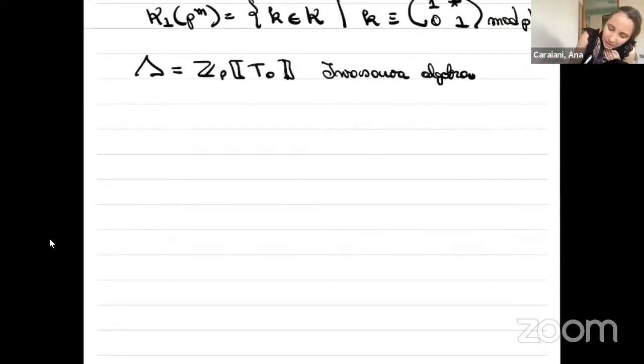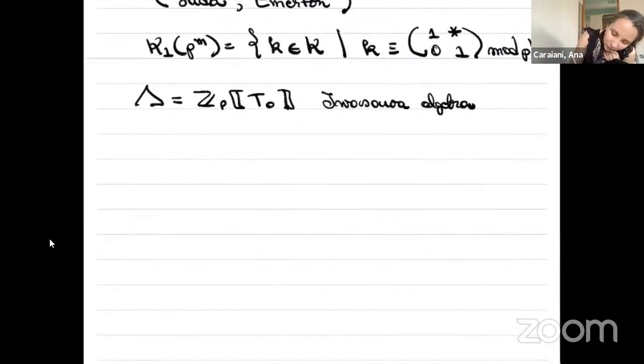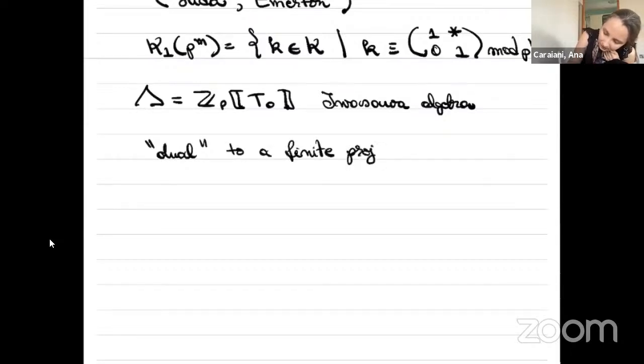And then I want to say that this object, this ordinary completed cohomology, is dual to a finite projective lambda module. So it's as nice as you could hope for.